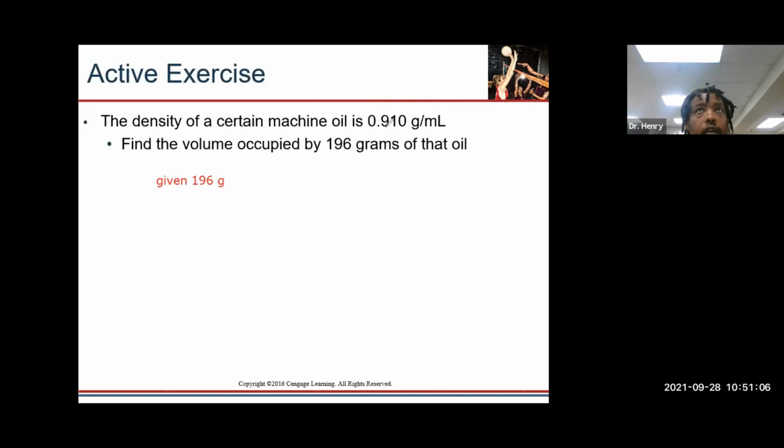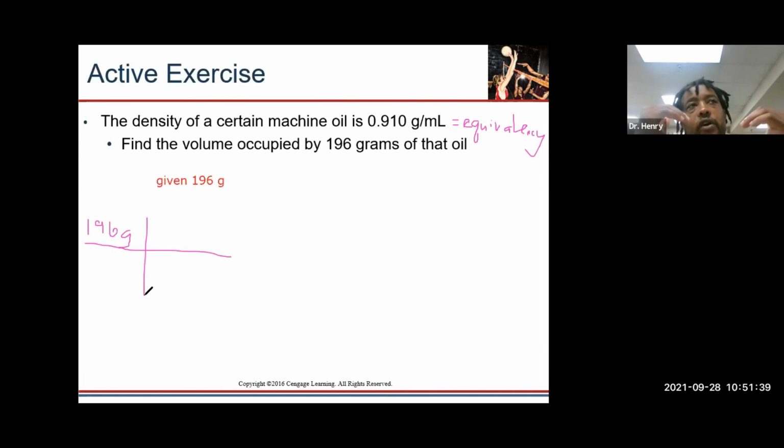So 0.910 grams per milliliter is going to be our equivalency. Okay, start with our given, 196 grams. So I know I want to get rid of grams.